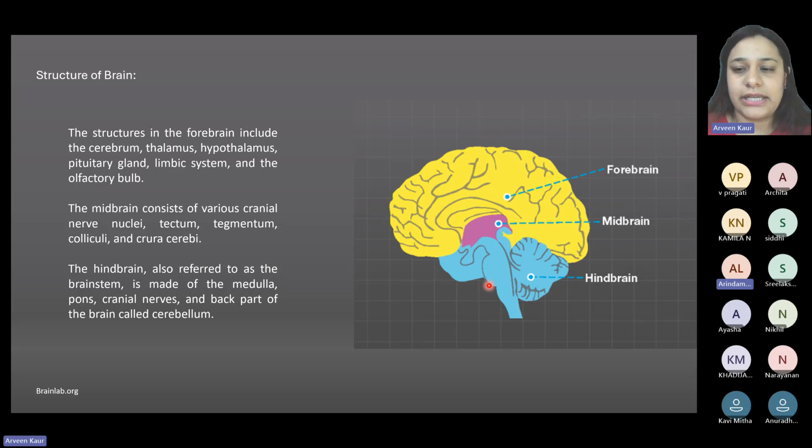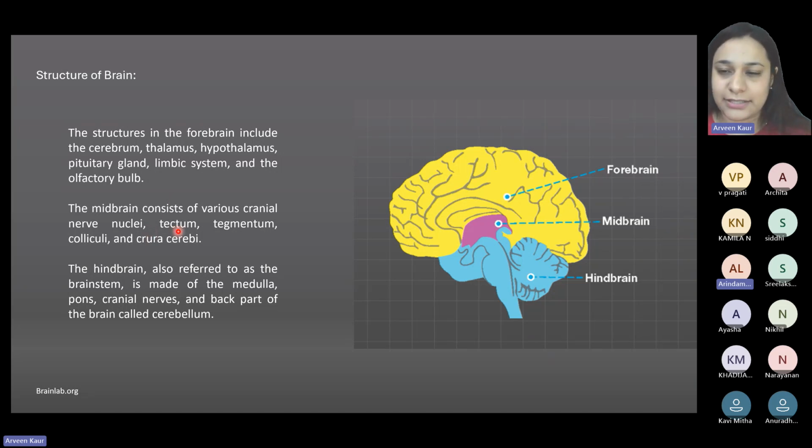The structures in the forebrain, this portion that is yellow in color, will include the cerebrum, thalamus, hypothalamus, pituitary gland, limbic system, and olfactory bulb. The ones in the midbrain, this pink region, will include various cranial nerve nuclei. Cranial nerve nuclei means the cell bodies of the cranial nerves.